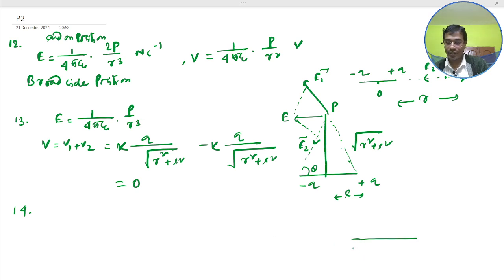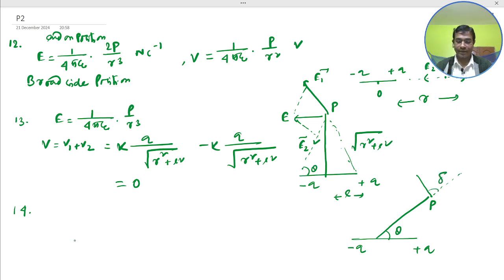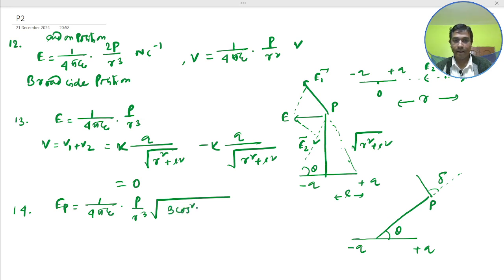And the last one, the general point at r making angle theta. So this is the dipole, minus q here, plus q, and this is angle theta here, and this point P. Suppose this is the angle delta. So EP would become 1 by 4 pi epsilon naught times P by r cube times root over 3 cos square theta plus 1, and the angle delta with the dipole is tan inverse of tan theta by 2.